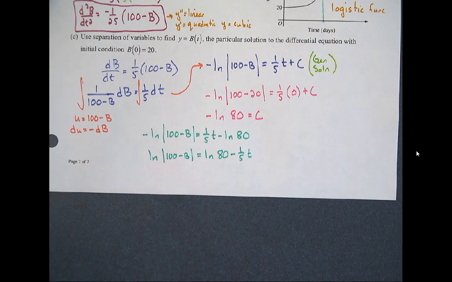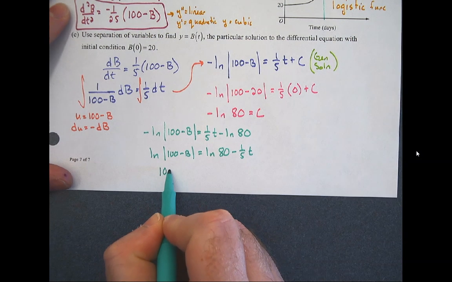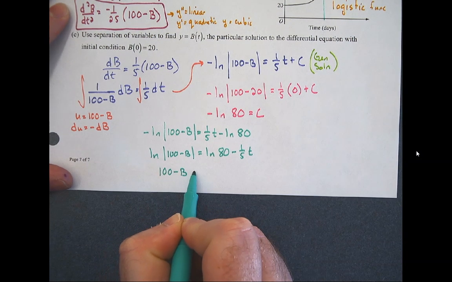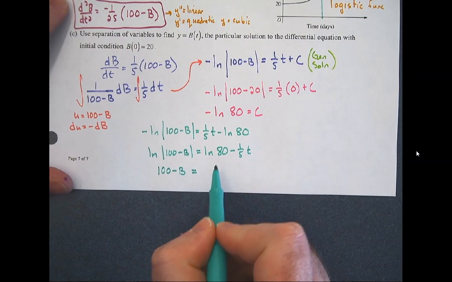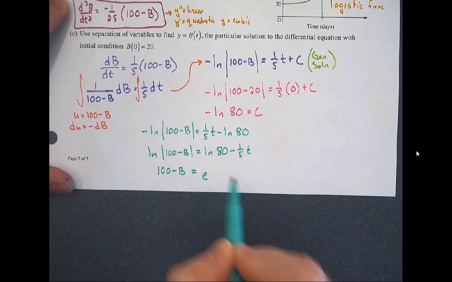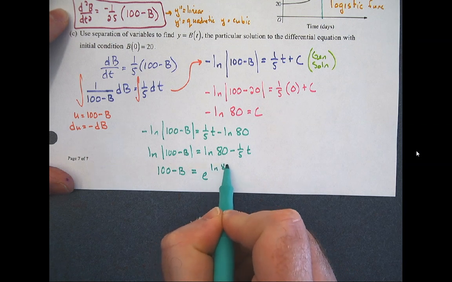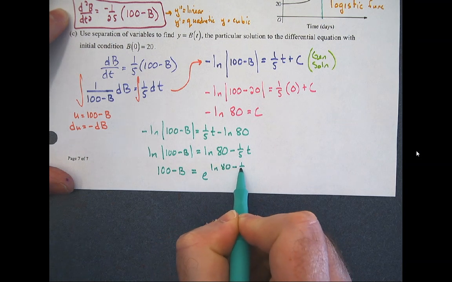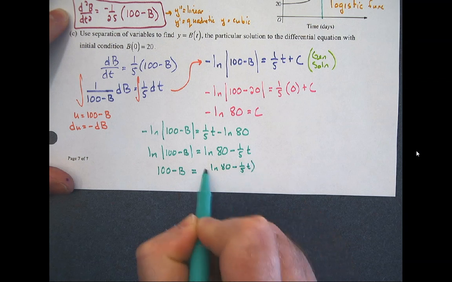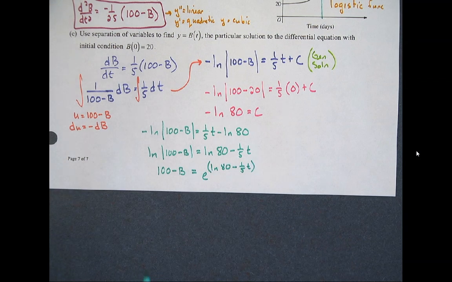So I can now go 100 minus B equals e to the natural log of 80 minus 1/5 T. Am I allowed to get rid of the plus or minus?